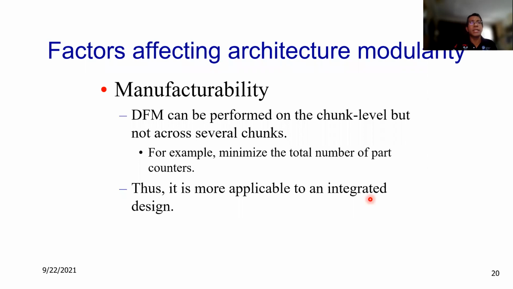And then the most important part is manufacturability. So when you design something, you need to think how to manufacture it. What machine you want to use, what tool you want to use. That is very important when you design something.